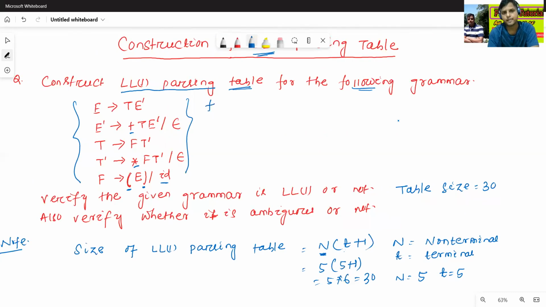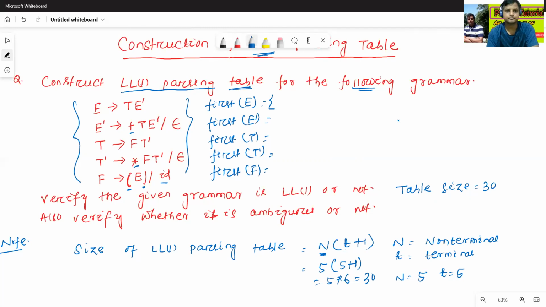So first of E, first of E prime, first of T, first of T prime, first of F.